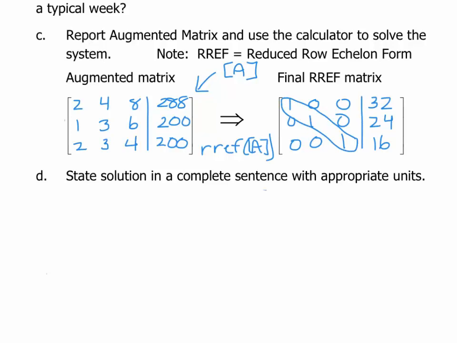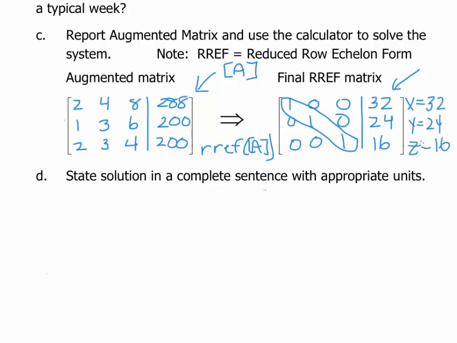This is a matrix in RREF form. Over on the last column, this column tells us what our values for x, y, and z are. So we get x is 32, y is 24, and z is 16.